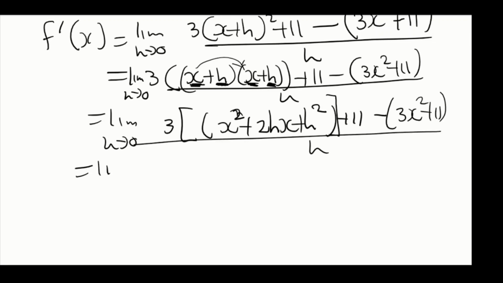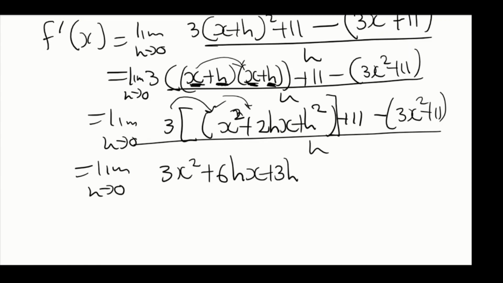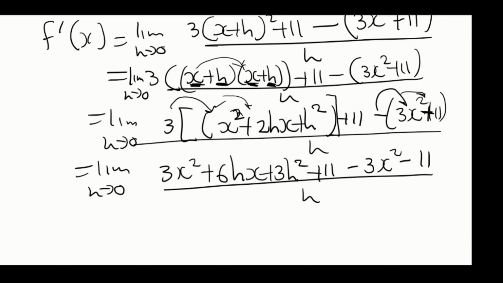So the limit when h approaches 0, the 3 will multiply everything inside here. So it's going to be 3x squared plus 6hx plus 3h squared plus 11 minus 3x squared, because the negative will multiply everything inside here, minus 11, because this is positive 11, divided by h.